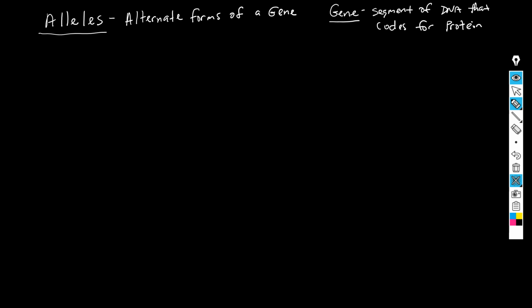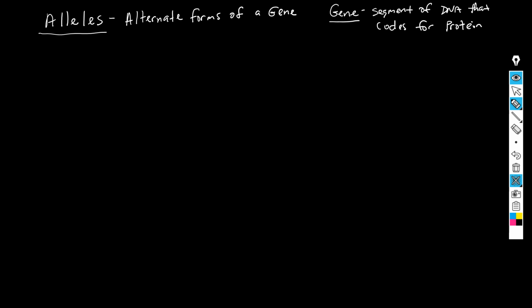that codes for protein. If you remember back in organic molecules, one of the things that we learned was that the order and quantity, or the sequence and number of nucleotides in a gene, are what ultimately determine the order and quantity of amino acids in a polypeptide.